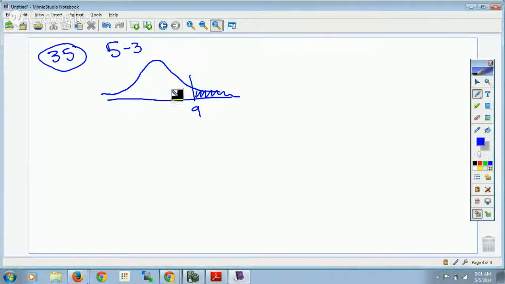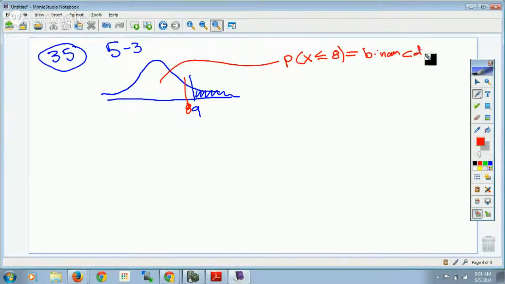Okay, so on the calculator, let's say this is 8 right here. That would be the probability that x is less than or equal to 8, which would be the binomial CDF of 10, 0.94, 8. I want the complement of that.